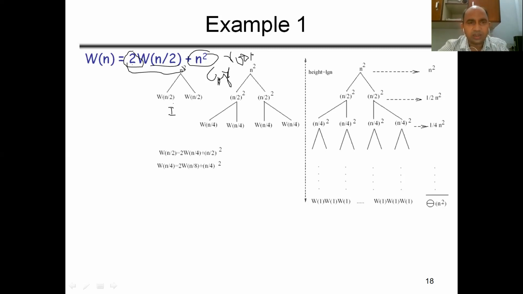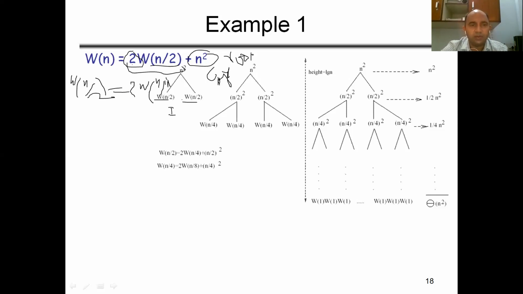For this, I have to find the value of W(n/2). From that particular equation of my recurrence relation, I can find the value of W(n/2). Let's say W(n/2) equals 2W(n/4) plus (n/2) whole square.